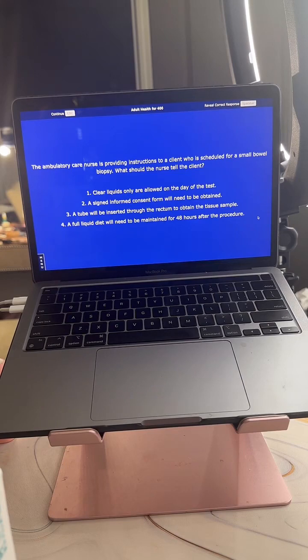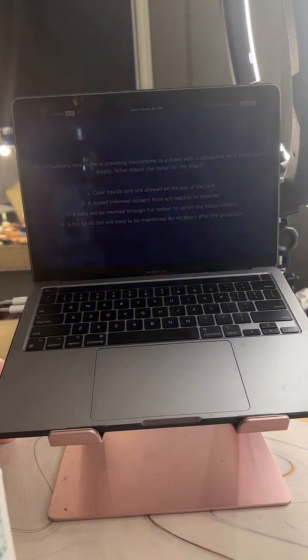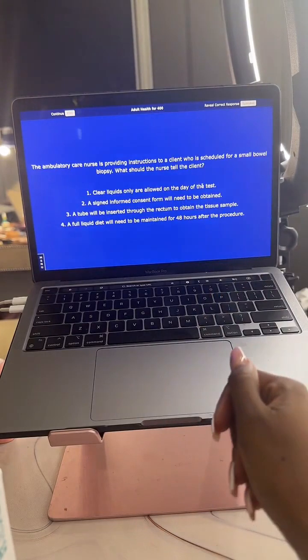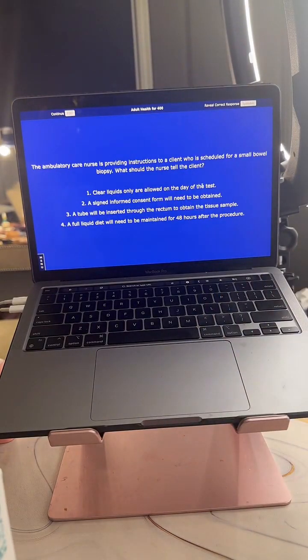Not only will it help with critical thinking, but it's going to put it into perspective for you so you can have an evidence-based rationale as to why you chose that. Sometimes you won't know the answer and you'll just guess, but for that, you have to be realistic with yourself and know that you have to review that later on. So let's see what this one is. Y'all ready?